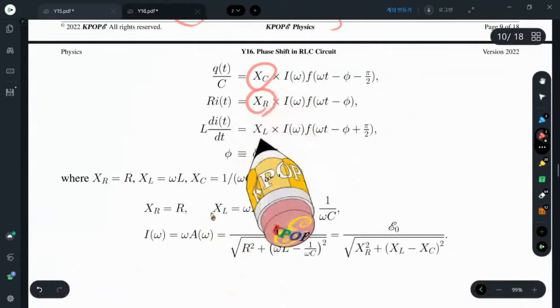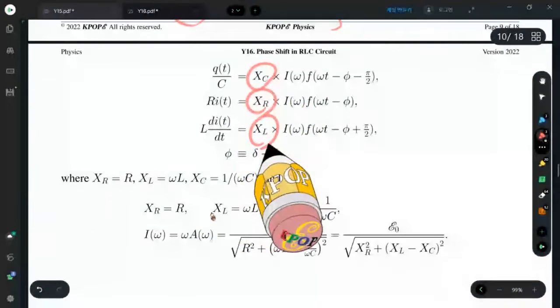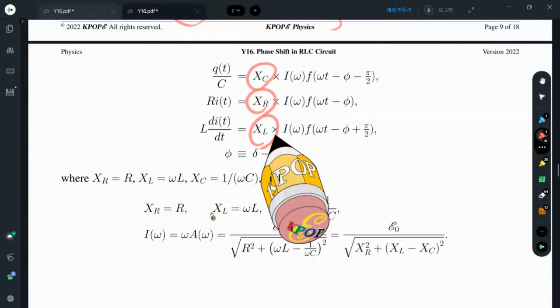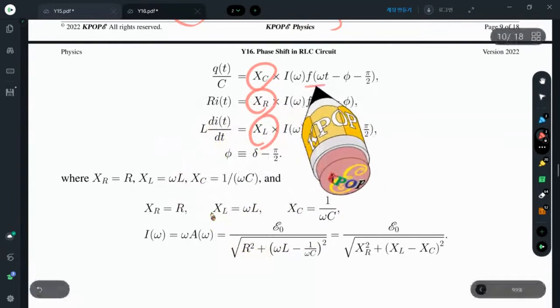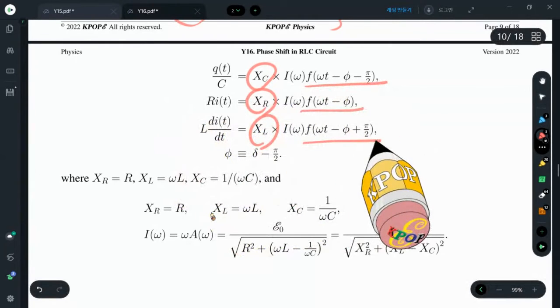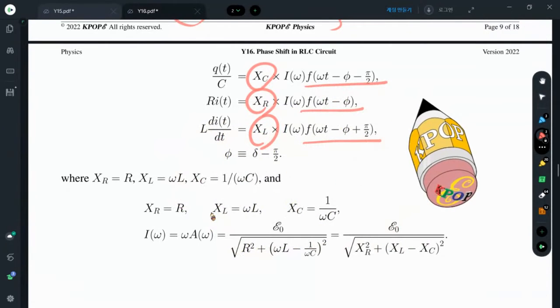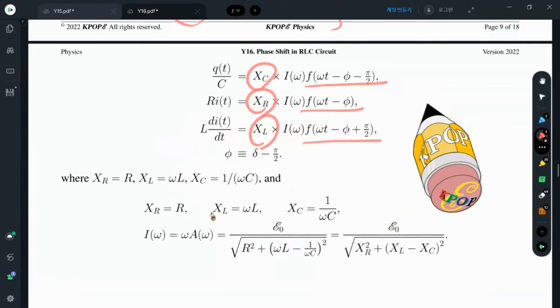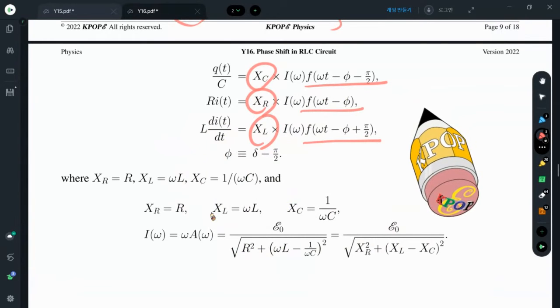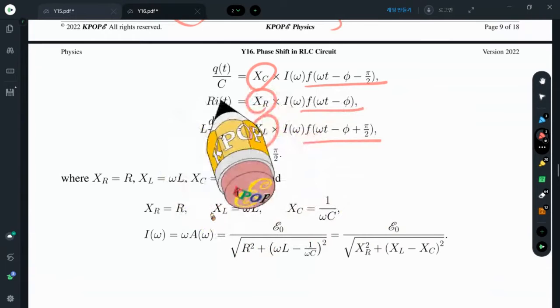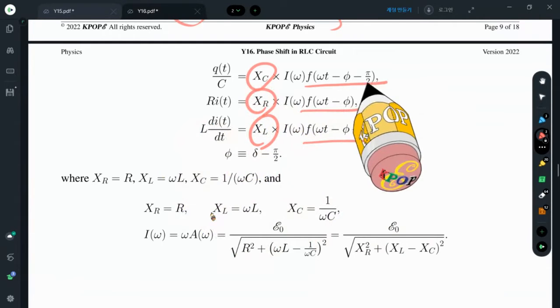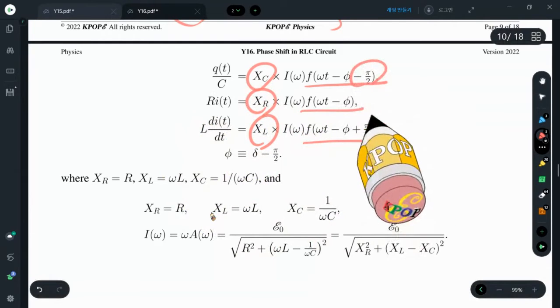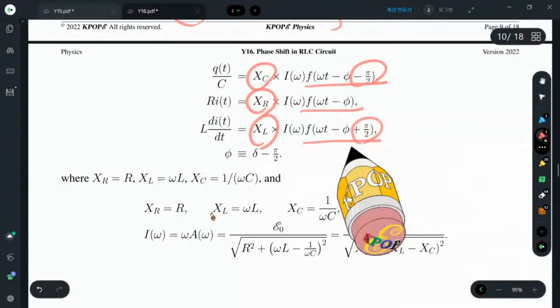So the reason why we use XC, XR, XL so frequently is like that. Regardless of the specific shape of the function, whether cosine, sine, or exponential, the phase structure is just subtraction or addition of half a pi, forward or backward.